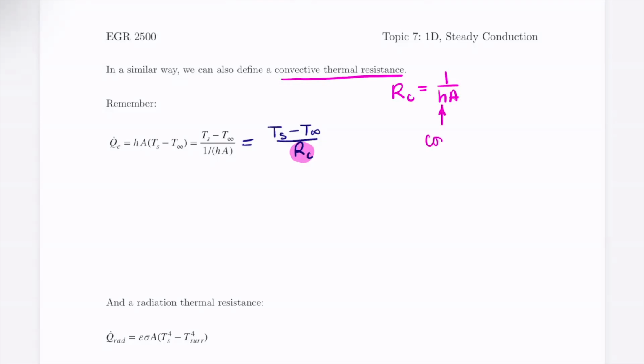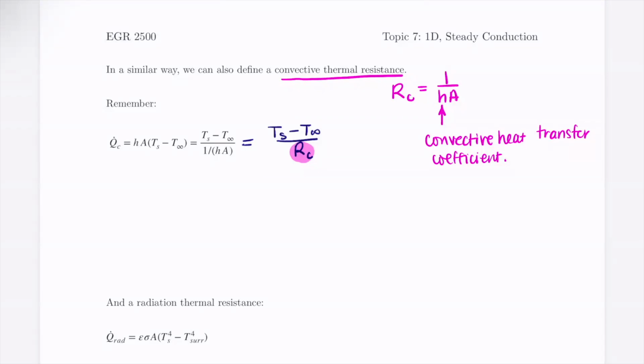This is our convective heat transfer coefficient. All right, and then A is our area that is exposed to the fluid where the heat transfer is happening.